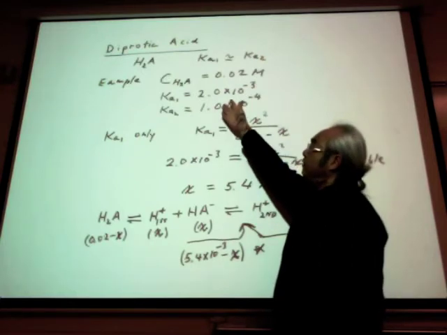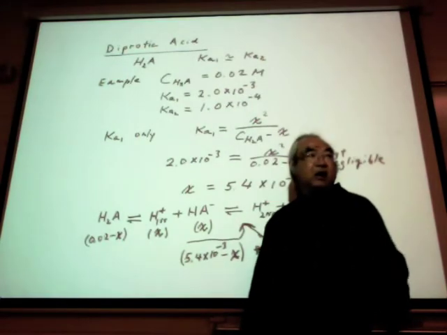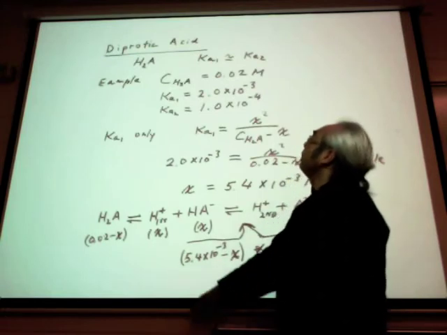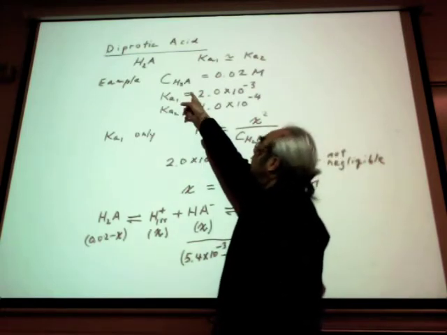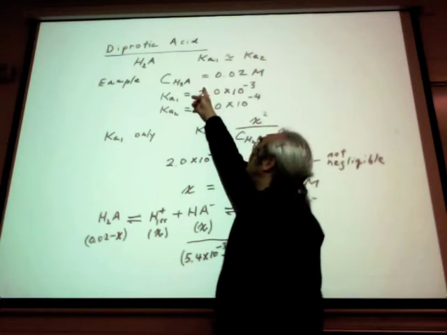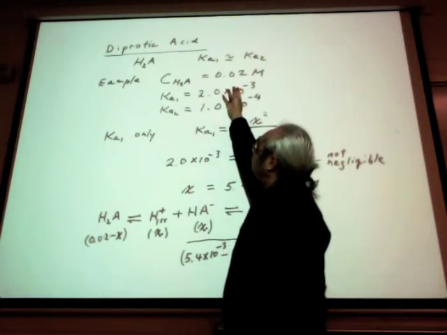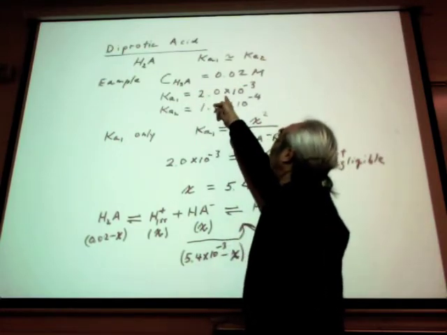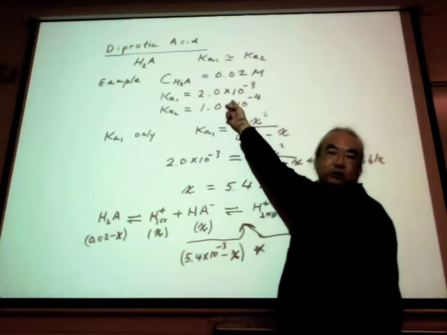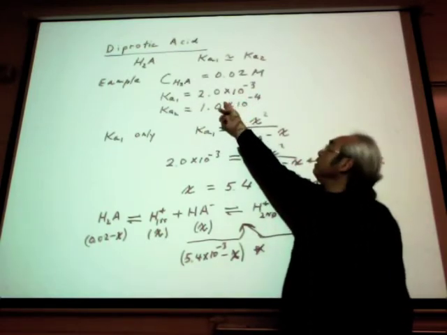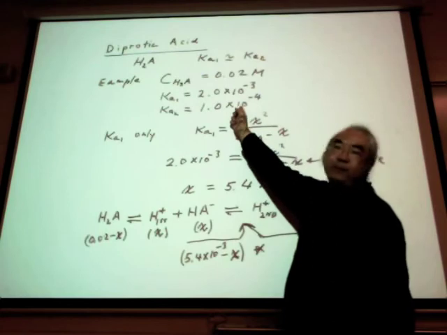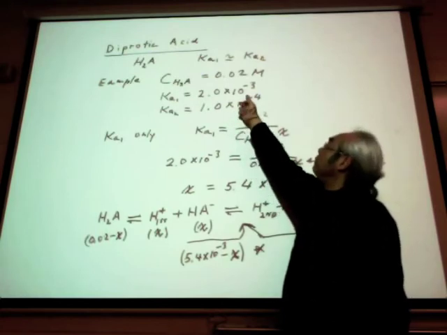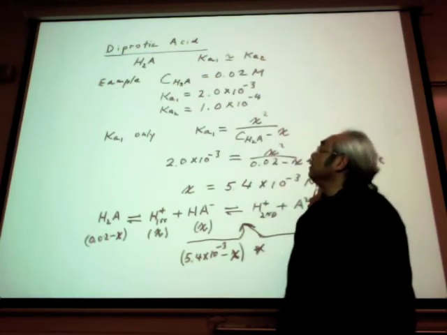Then how do we calculate based on our assumption? The analytical concentration, let's say, is 0.02. The first Ka value is always larger than the second one, but in this case, it's not by much: 10 to the minus 3, 10 to the minus 4.